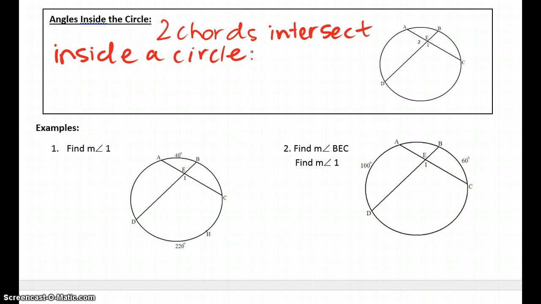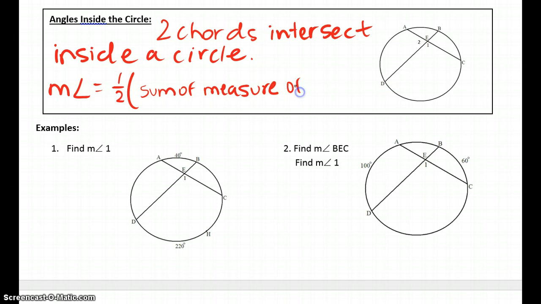Now, when we're looking for the measure of the angles inside the circle, the measure of the angle is 1/2 times the sum of the measure of the intercepted arc and its vertical arc.